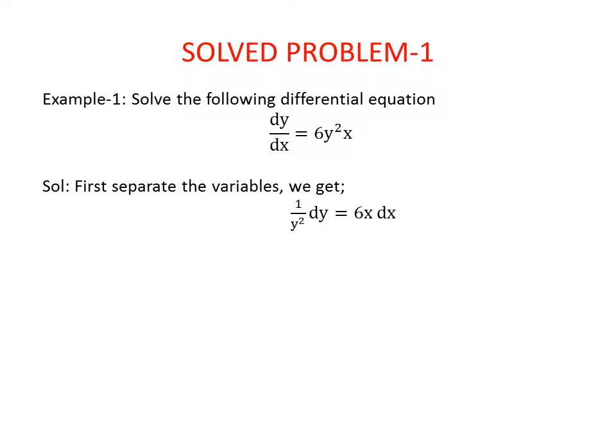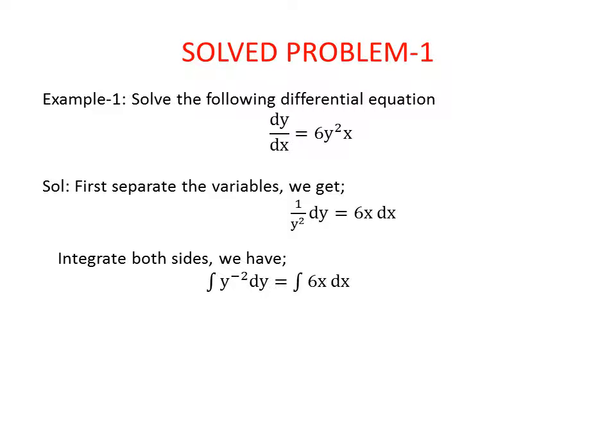First of all we separate the variables. We collect the y variable on our left hand side and the x variable on our right hand side, because x is the independent variable and the independent variable always appears on the right hand side. So it becomes 1 by y square dy is equal to 6x dx from the given differential equation.